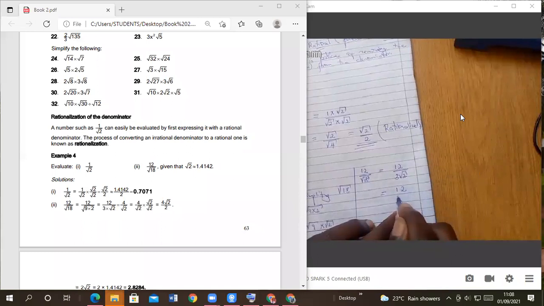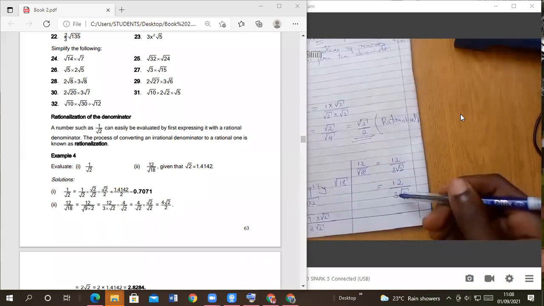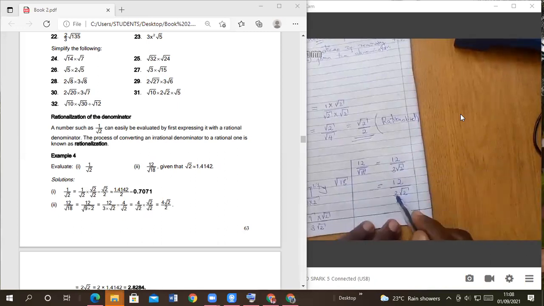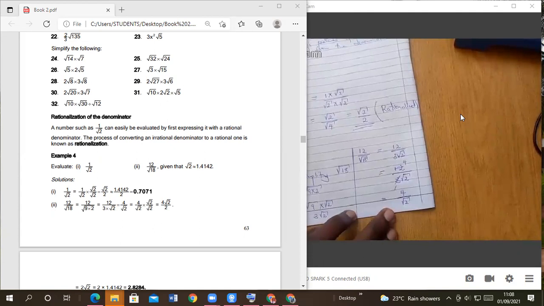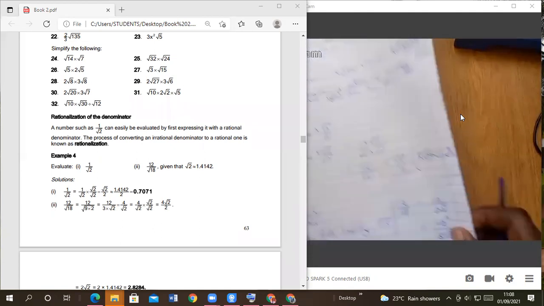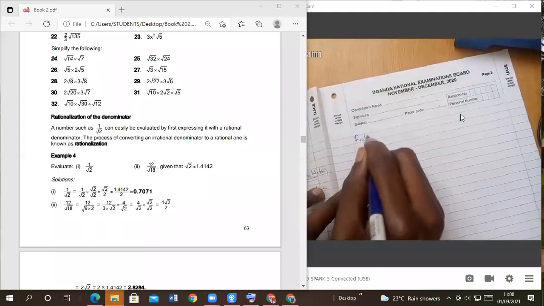I have 12 out of 3 root of 2. But even before we remove the square root, there's a common factor, 3 and 12. By 3, 1. By 3, 4. So we remain with 4 over root of 2.